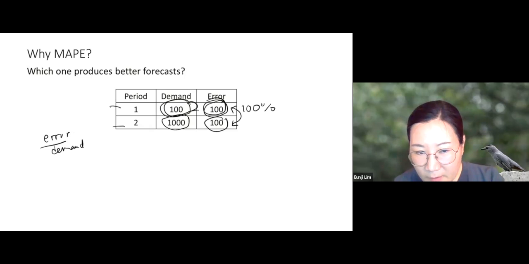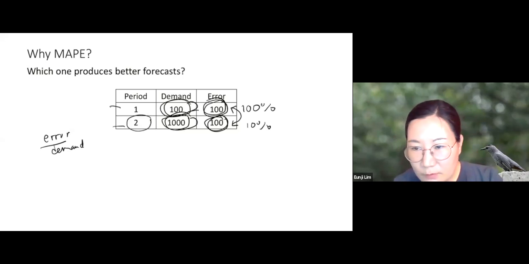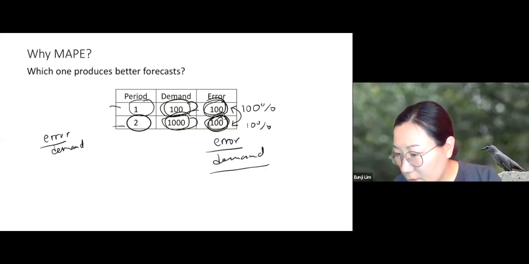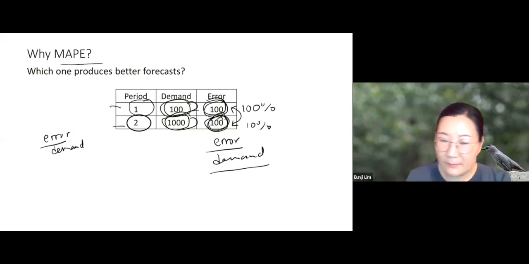But in the second period, the error was only 1/10 of the demand. It was only 10% of the demand. So it's more reasonable to say that the forecast in the second period was better than the forecast in the first period. So what's more reasonable is to look at the ratio of the error to the demand. That's why we're using the MAPE, mean absolute percentage error.